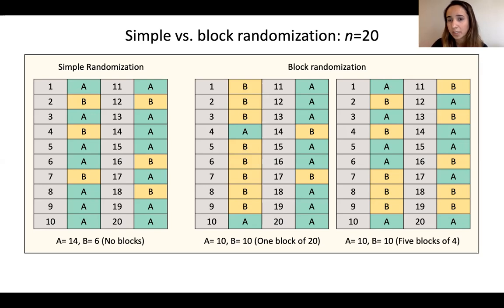In this interval of 4 subjects, you have 2 A and 2 B, but you don't know the sequence, and this is important to prevent knowing the allocation, keeping your allocation concealment. I guess that's another importance of block randomization.